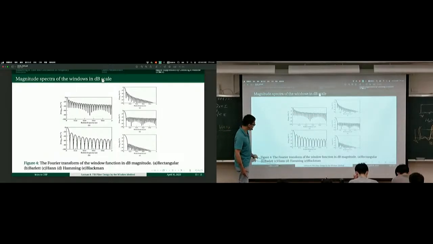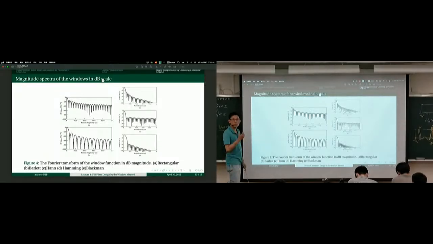And here are all the 5 windows under the same n. You note that in dB scale, for the rectangular window, the main lobe to side lobe difference, if I remember correctly, is around 13 dB. I've memorized that, 13 dB. That's the main lobe to the side lobe ratio.